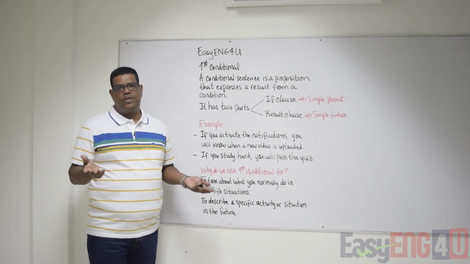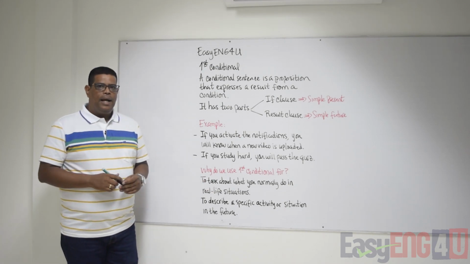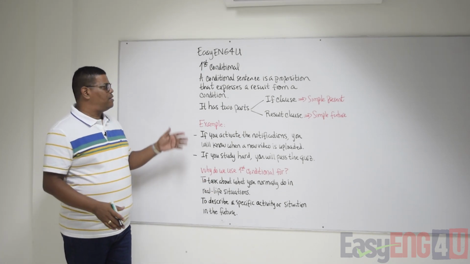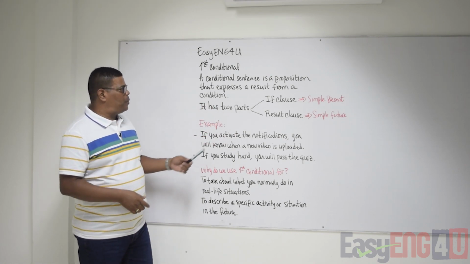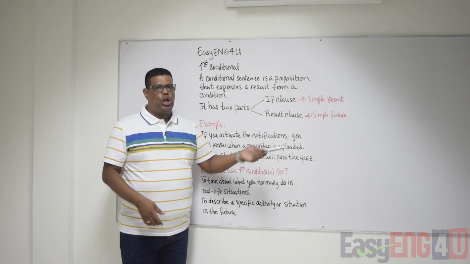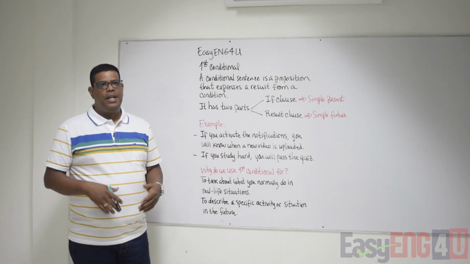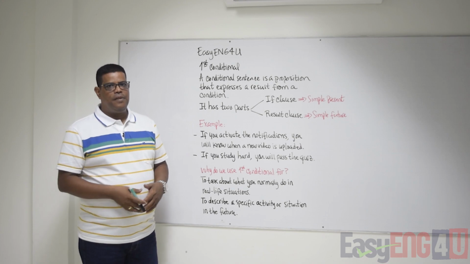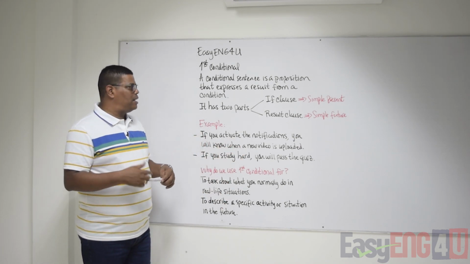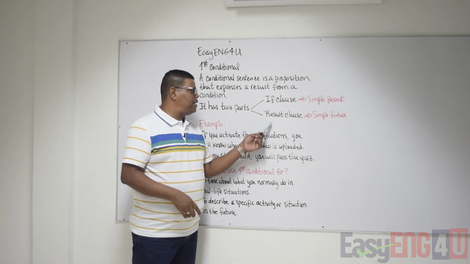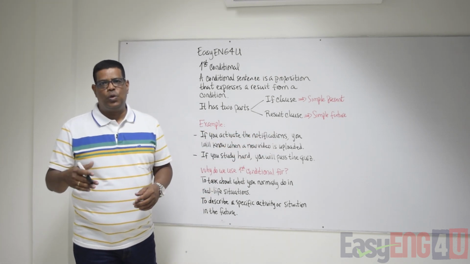All conditional sentences have two parts. The first part we call the if clause, because we usually start with if I, if he, if they, and so on. Followed by a comma, we have another sentence that we call the result clause.